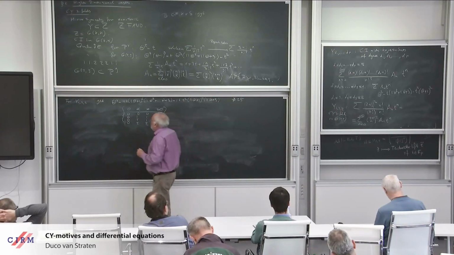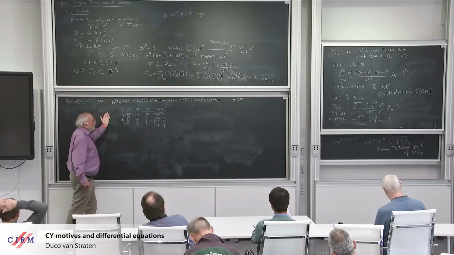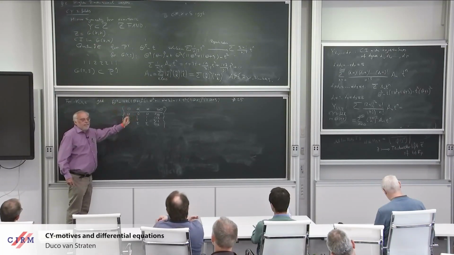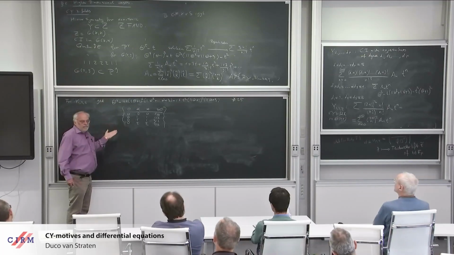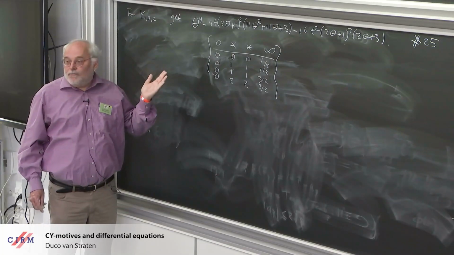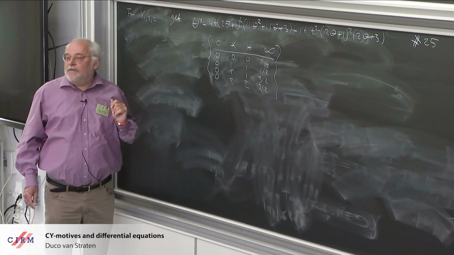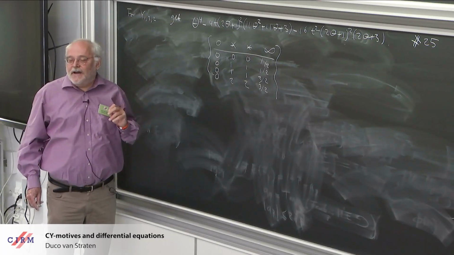And for this operator, we managed to construct a mirror family with Hodge numbers 1, 1, 1, 1. So it's a complicated Laurent polynomial. I will not write it down.